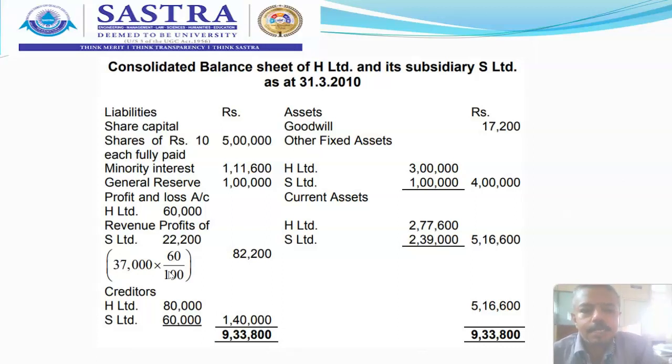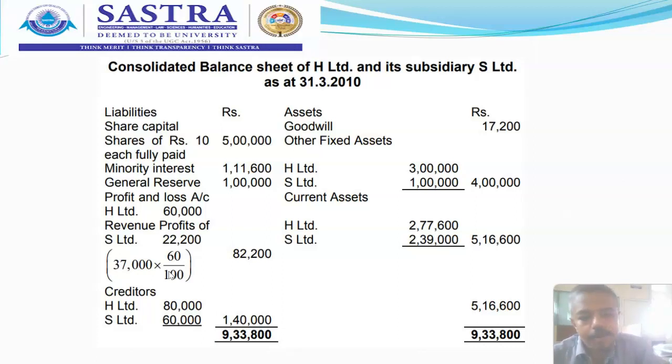So now I will take you one by one. Take the liability side. Share capital of rupees 10 each, fully paid up, rupees 5 lakhs, which is held by H Limited. Second, minority interest, which we have calculated, has to be shown as a current liability under the liability side.